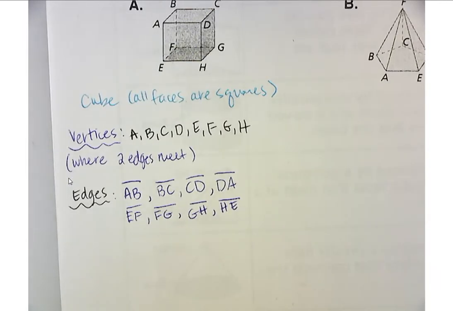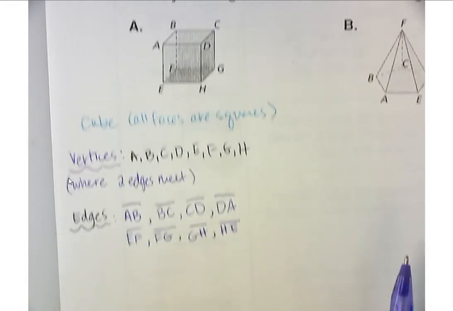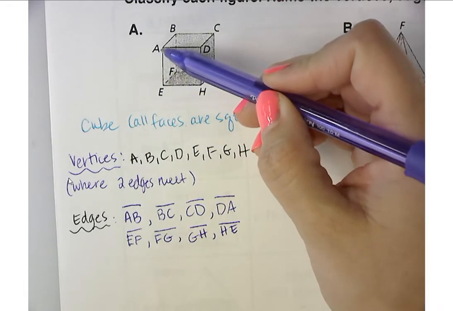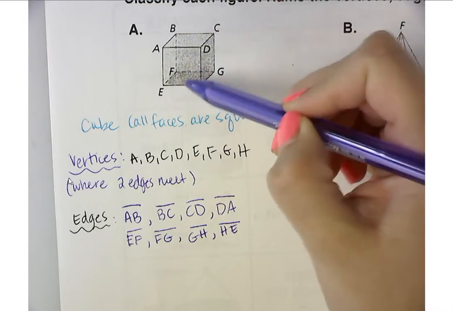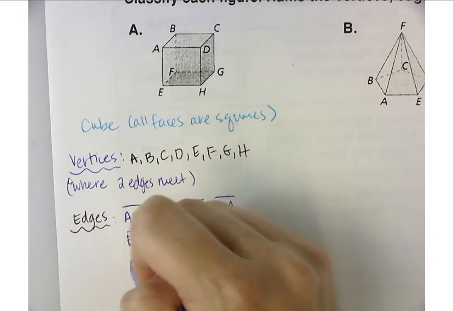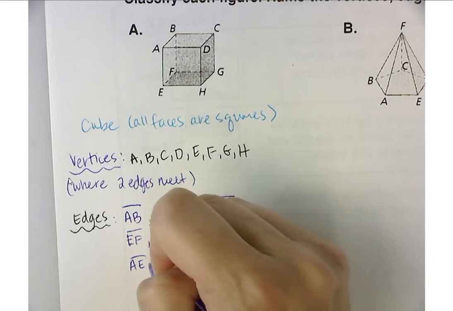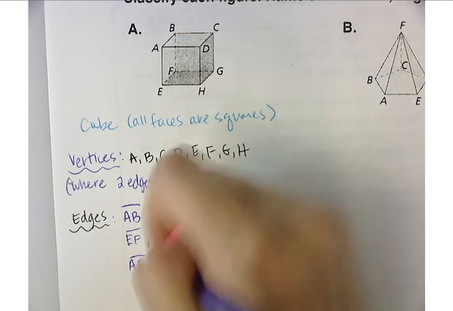Now the only edges left are the ones that connect the two bases. So to connect the top square to the bottom square, I would need edge AE. Here I have BF.